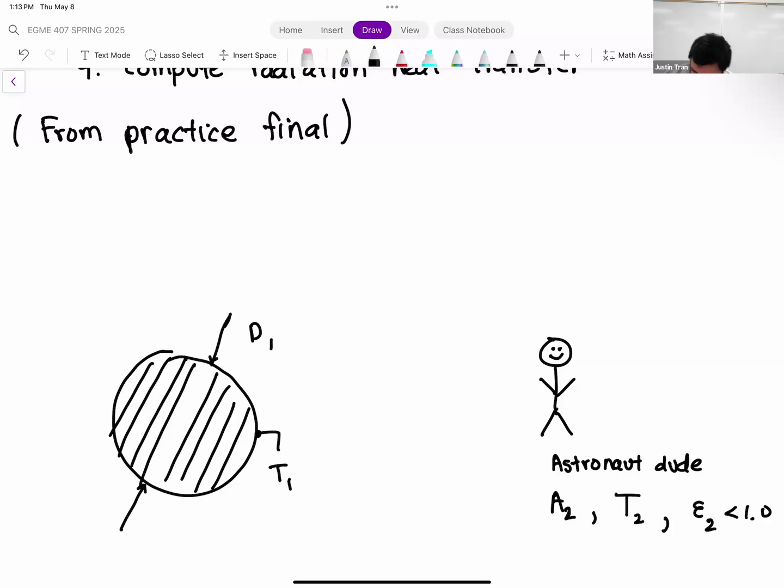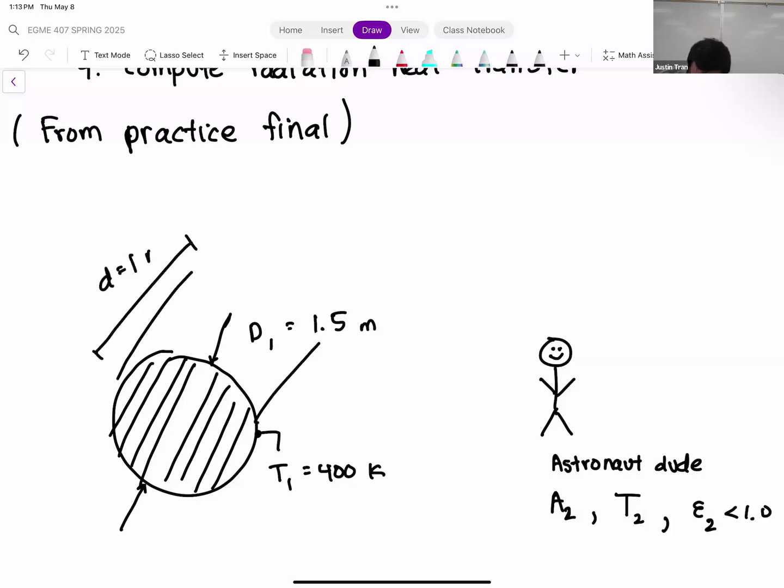Okay. So let's see, we have some numbers here. D1 here is 1.5 meters. T1 here is 400 Kelvin. We know the depth as well, so the cylinder is going to extend into the page by an amount of 1 meter.